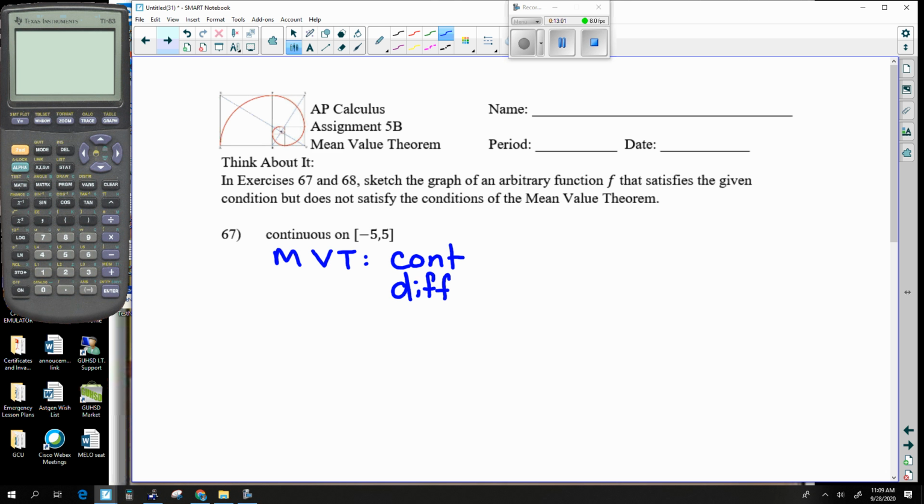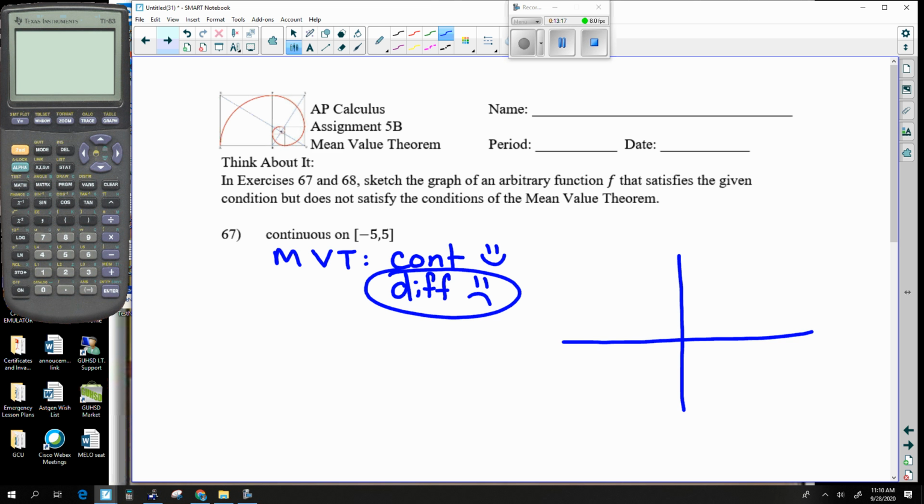Here they want it continuous, so where the wheels need to fall off this thing is we need it to be continuous, but we don't want it to be differentiable. So all we have to do is draw a picture that is continuous but not differentiable from -5 to 5. So, bam, there you go. It's continuous but not differentiable.